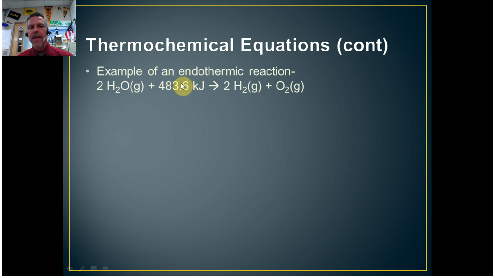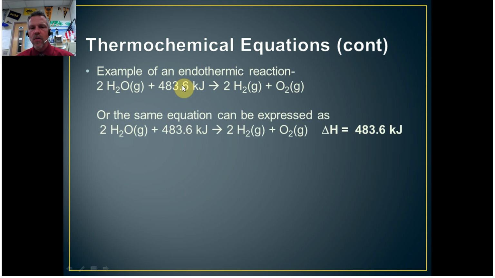Once again, you notice there's not a positive or negative sign in front of this term. But if we chose to write that equation with the delta H terminology and put it over to the side, rather than having your heat term inside the reaction itself, now we show that 483 kilojoules is a positive number.